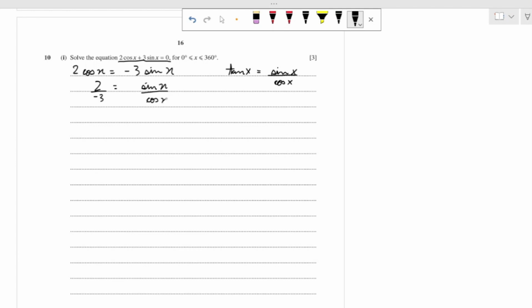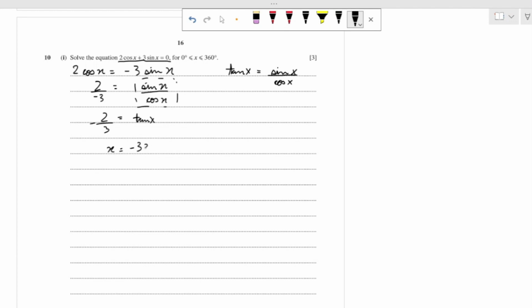The whole point of replacing this term with tan is to get more accurate and multiple solutions. It is an easier way to find solutions. So we can replace it with tan x, and on this side we have minus 2 over 3. And now if we solve for x, you can substitute it in your calculator.